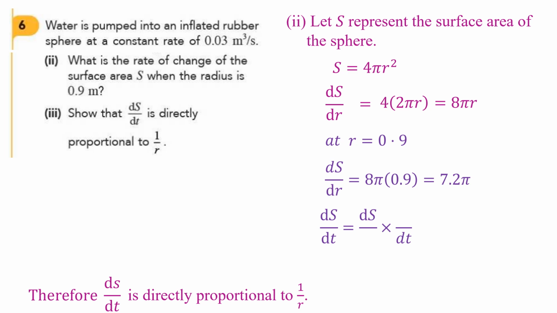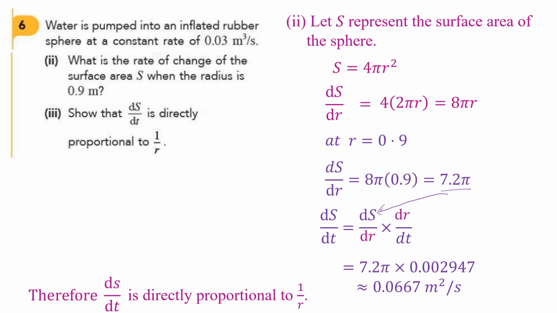So what goes inside the blank? I'm very sure you know the answer. We found dS over dr to be 7.2 pi here. So substitute inside there. The dr over dt, we found it earlier on.